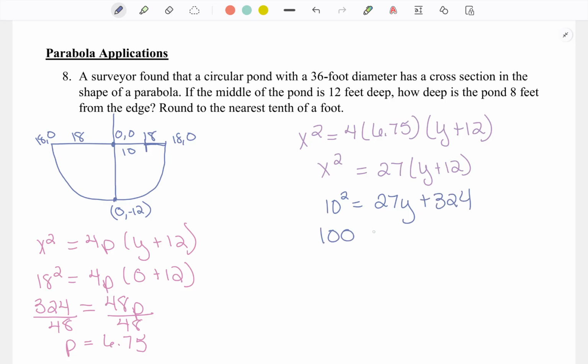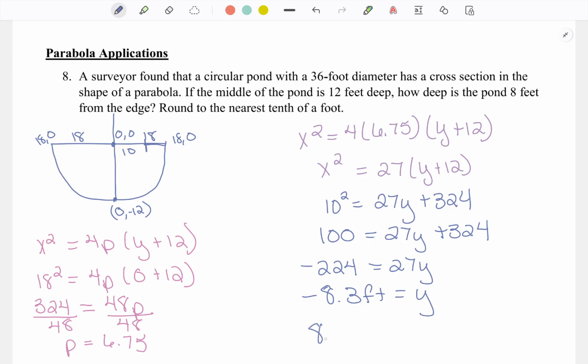So we have 100 equals 27y plus 324. Then we subtract, so we have negative 224 equals 27y. Negative 224 divided by 27 is approximately negative 8.3. And so the pond is 8.3 feet deep, 8 feet from the edge.